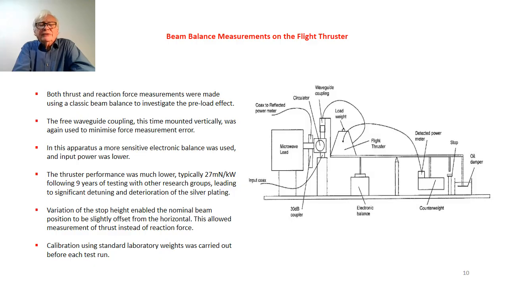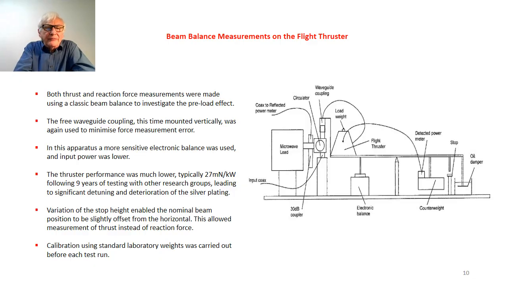What you have to do is put a load on the thruster so that the increase in kinetic energy due to movement of the cavity itself does not overtake the buildup of the stored energy in the cavity when you first switch it on. So this again is looking at the effect of conservation of energy.